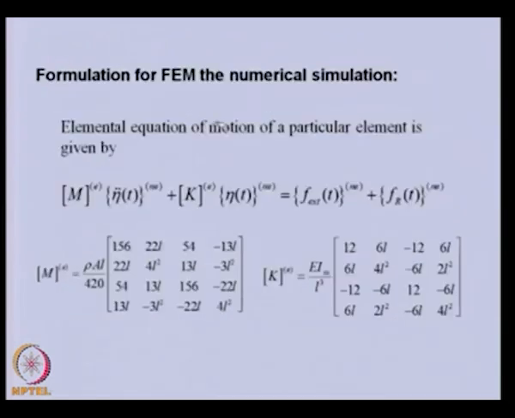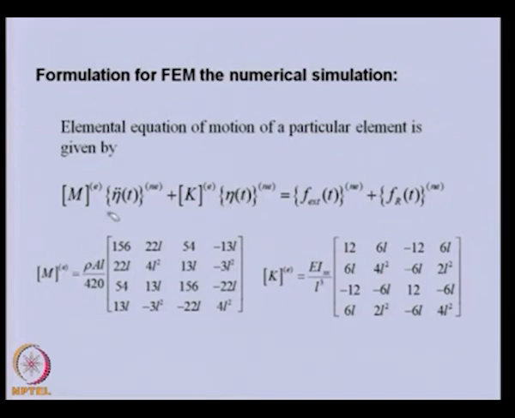The elemental equation of motion for a particular element, in general, we have already obtained earlier. For one of the elements, the typical elemental equation is like this, in which this is the external force, this is the reaction force, and the stiffness matrix, mass matrix, and this is the displacement vector.